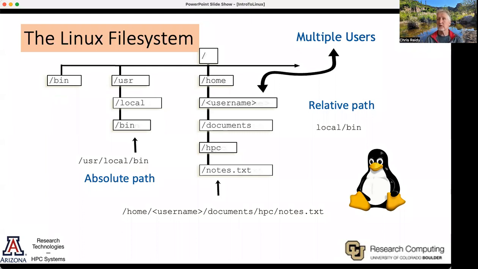The next one, /usr, often called user, is where a lot of system files are. So in this case, we have a path to /usr/local/bin. So we have two directories with the same name, bin. Because they're in a different path, it's perfectly acceptable, but it can cause confusion having two directories with the same name.